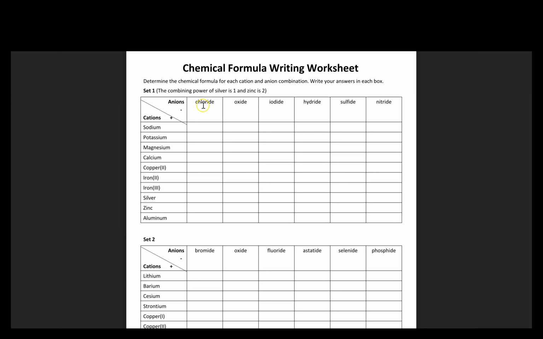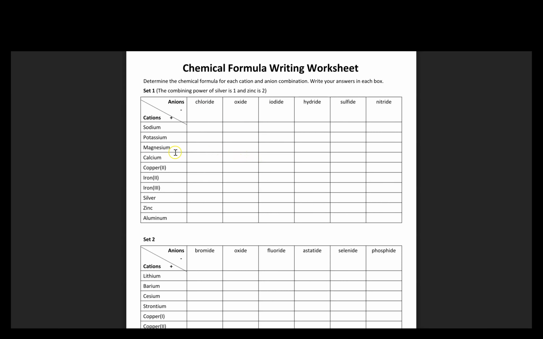If you look at the pattern, chlorine became chloride, oxygen became oxide, iodine became iodide, hydrogen to hydride, sulfur to sulfide, nitrogen to nitride. So the anions or the non-metals become the -ides. The metals retain their name, so we always name it after the metal first.